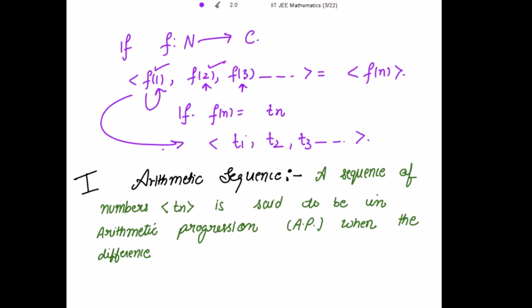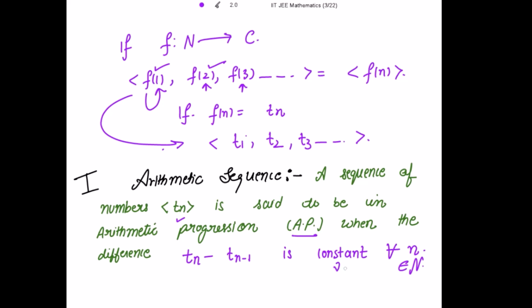A sequence of numbers tn is said to be in arithmetic progression, that is AP, when the difference, that is tn minus tn minus 1, the previous term, is constant for all n belonging to the set of natural numbers.